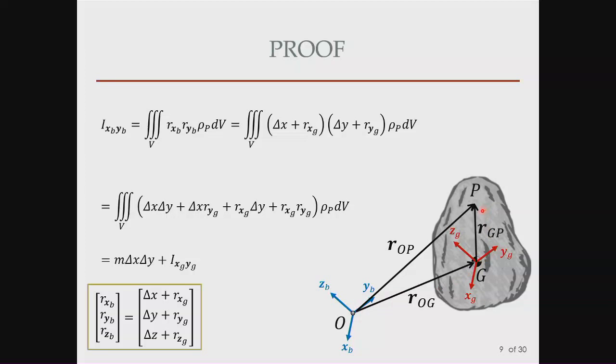And similarly here, open brackets, this thing comes out like that. These two things become what? 0, right? According to the property of center of mass. And this one here corresponds to the definition of I xg yg.